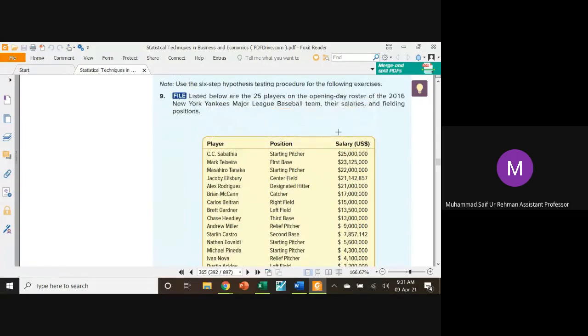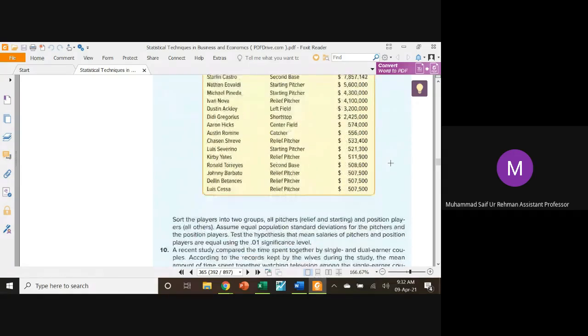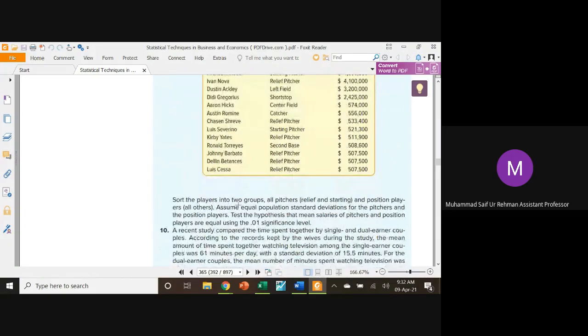It is not that difficult. Listed below are the 25 players on the opening day roster of the 2016 New York Yankees Major League Baseball team, their salaries and fielding positions. Sort the players into two groups: all pitchers and position players.